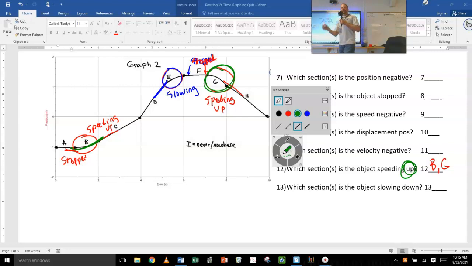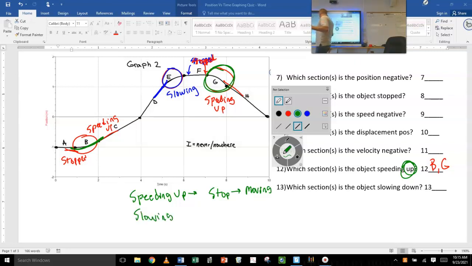What you really have to look for when you're looking for speeding up is when you go from stop to moving. Slowing is when you go from moving to stop. And when I say stop, I mean like a horizontal line. On my position versus time graph, I have a horizontal line.